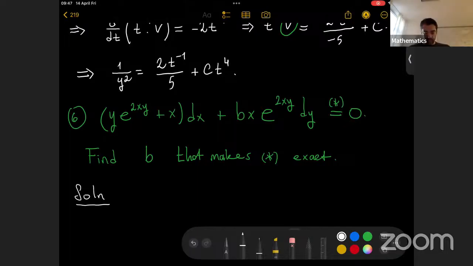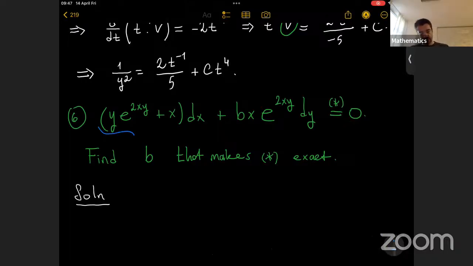All right, well, so we want to make this exact. Let's say this is M and this is N. Okay, for an exact equation, we need M sub y must be equal to N sub x, right?